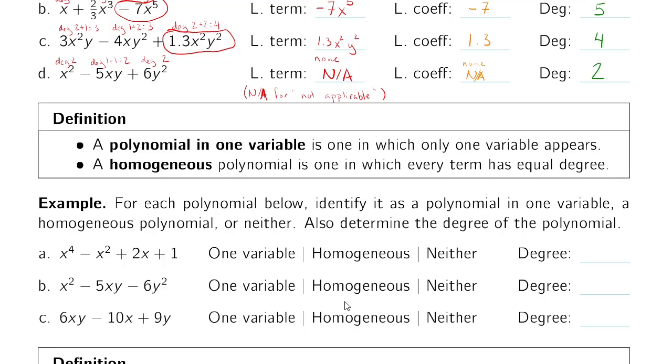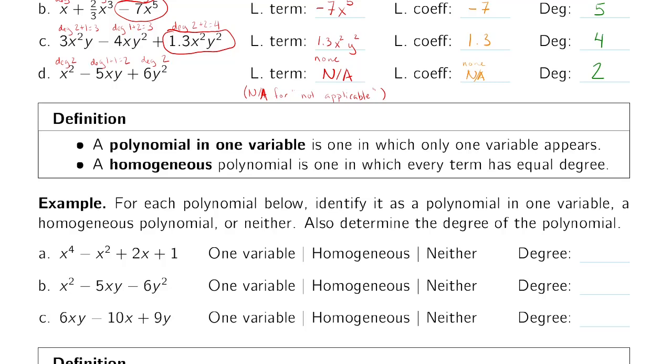And the reason that we give names to those two things is that polynomials in one variable and homogeneous polynomials turn out to be the easiest ones to work with. So, very briefly, let's identify some polynomials as falling into one or another or neither one of these categories.